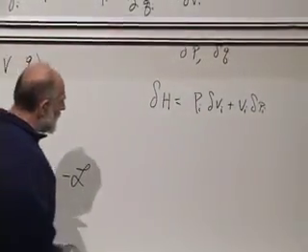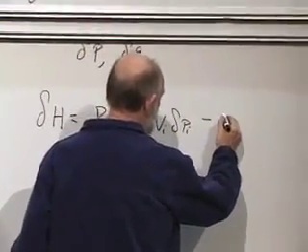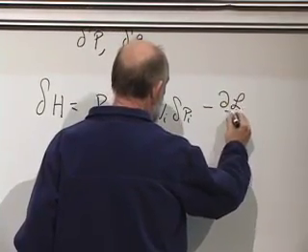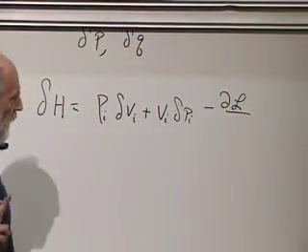And now we have minus the derivative of the Lagrangian. There are two things that the Lagrangian depends on.